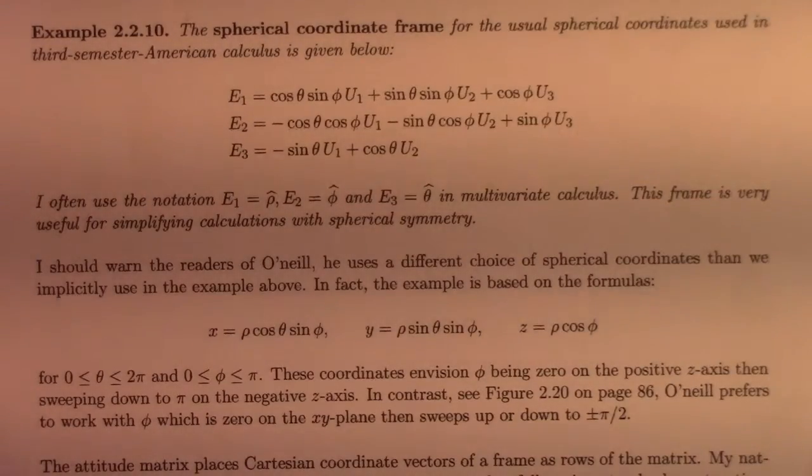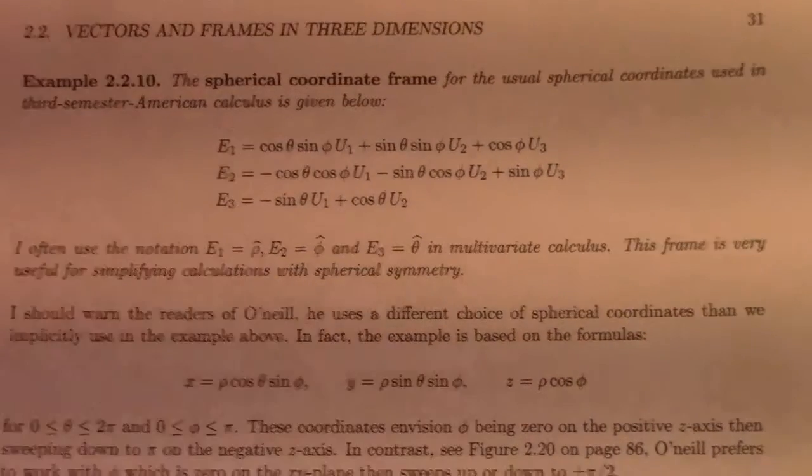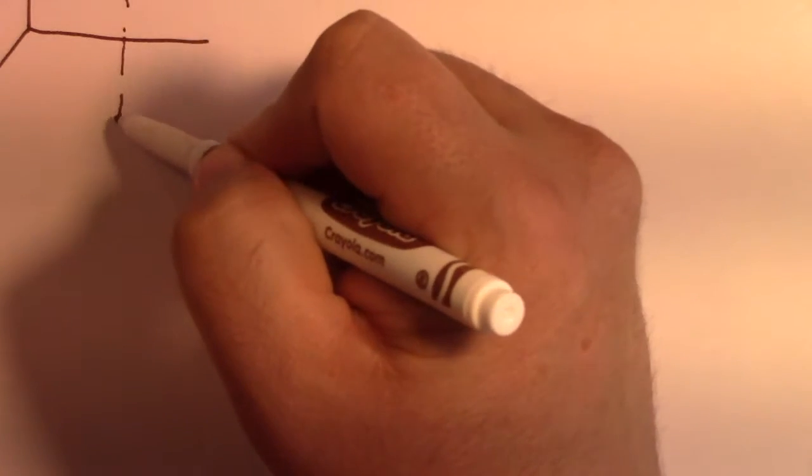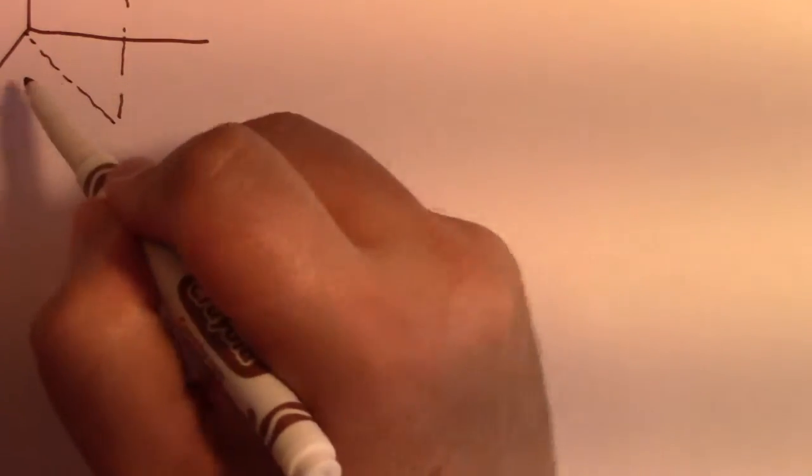I should warn readers of O'Neill that O'Neill uses a different system of spherical coordinates. Just to illustrate the difference, here are the spherical coordinates I use. If I pick a point, then I project that point down to the xy plane.